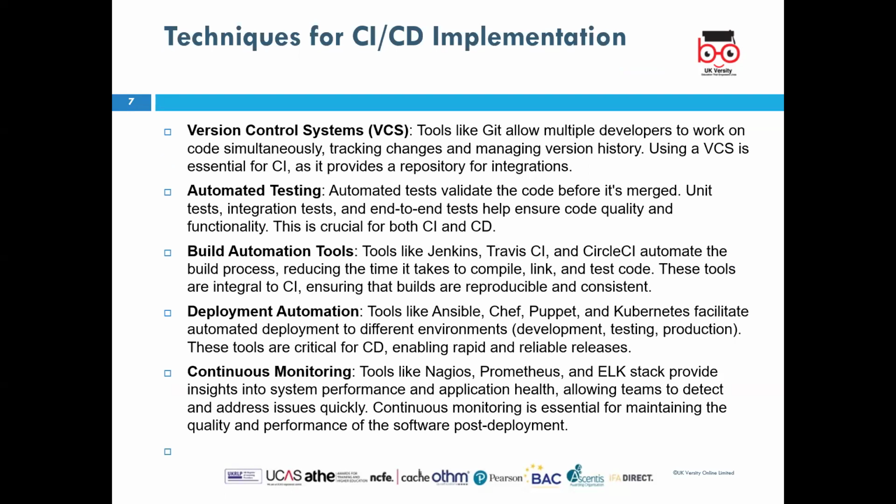So we mentioned version control systems, where with tools like Git, I don't know if you're familiar with Git, this allows developers to work simultaneously on the project. Then, because as we said this is part of the system development lifecycle, before deploying we need to test the code.